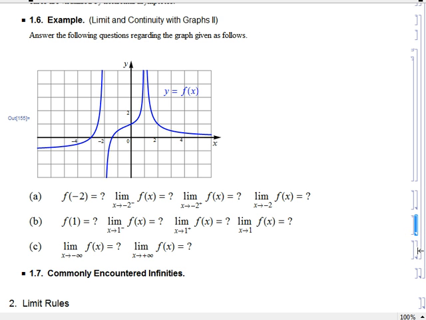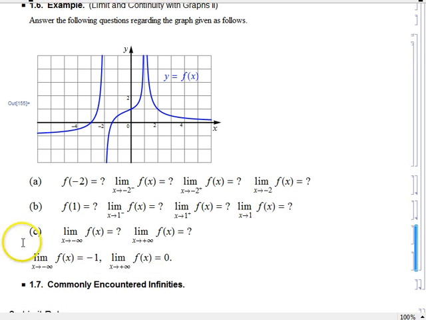Now let's answer the questions about horizontal asymptotes. X is approaching negative infinity. That means we have to go to the left-hand side. The y-coordinate is getting closer and closer to negative 1. When x is approaching positive infinity, we have to go to the right-hand side, and the y-coordinate is getting closer and closer to 0. Clear observation.